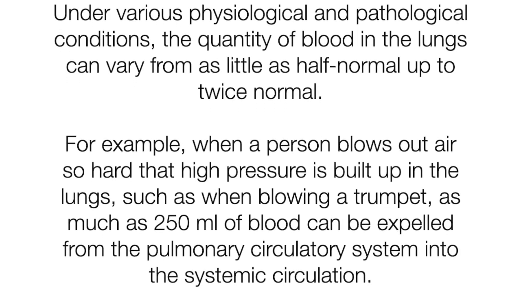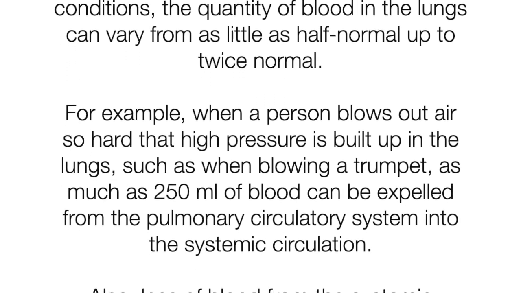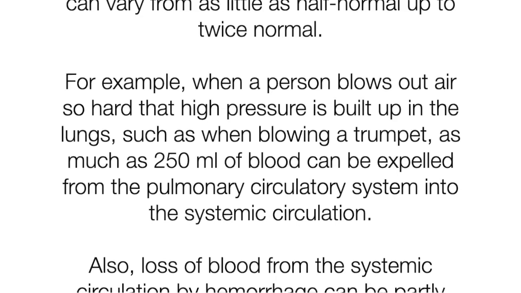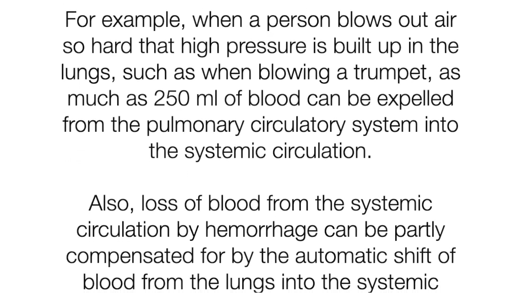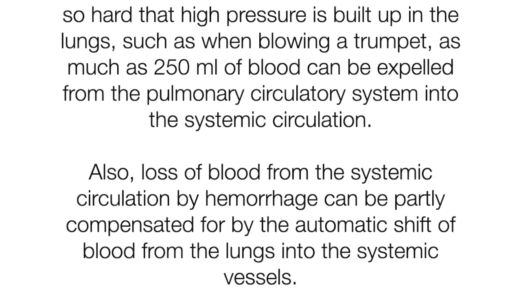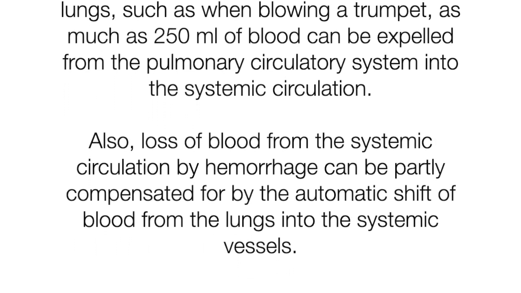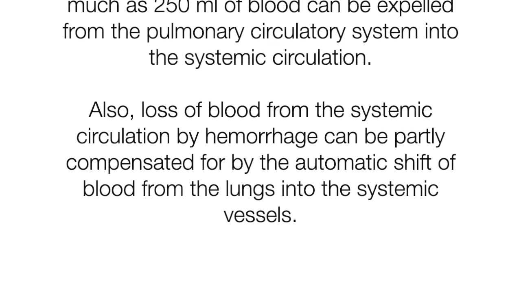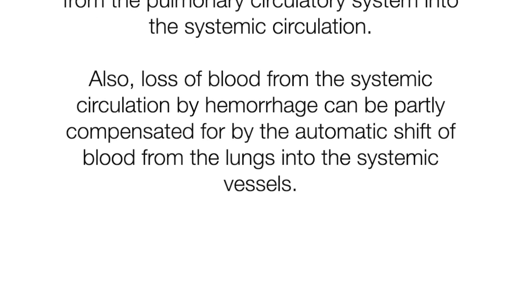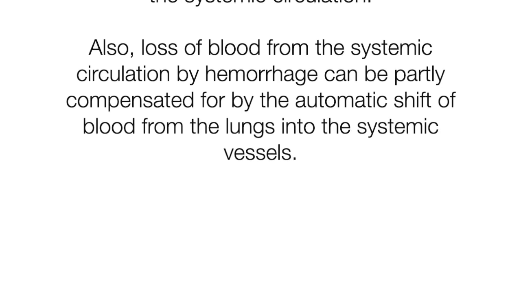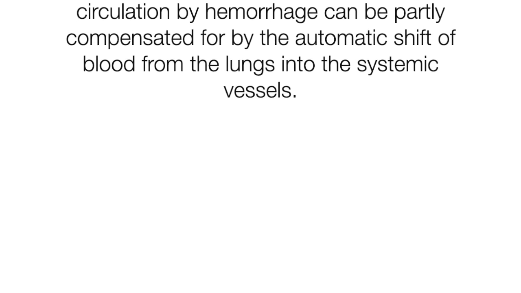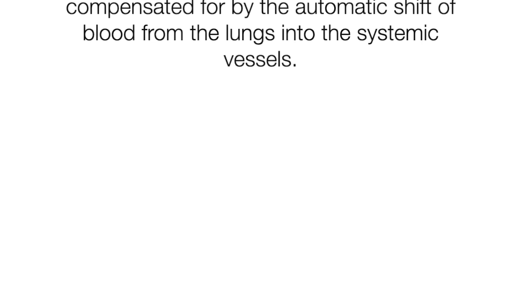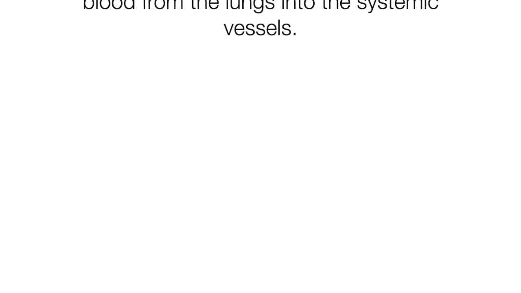For example, when a person blows out air so hard that high pressure is built up in the lungs, such as when blowing a trumpet, as much as 250 ml of blood can be expelled from the pulmonary circulatory system into the systemic circulation. Also, loss of blood from the systemic circulation by hemorrhage can be partly compensated by the automatic shift of blood from the lungs into the systemic vessels.